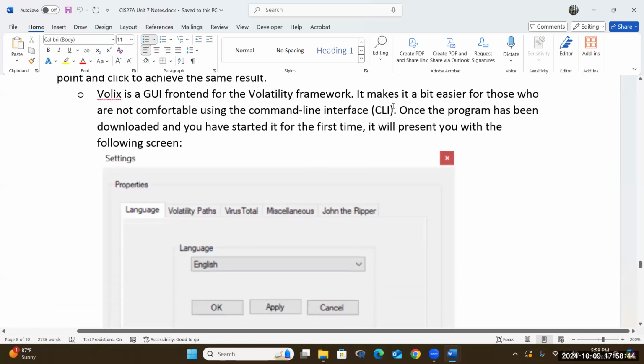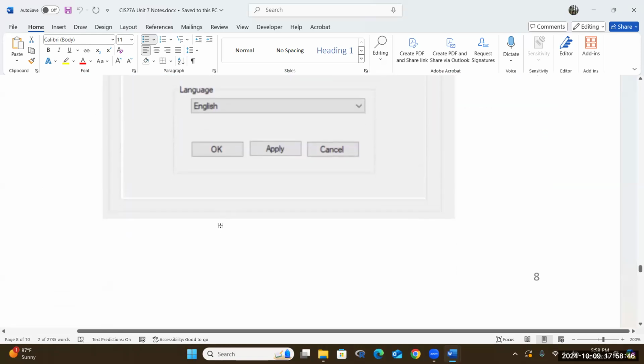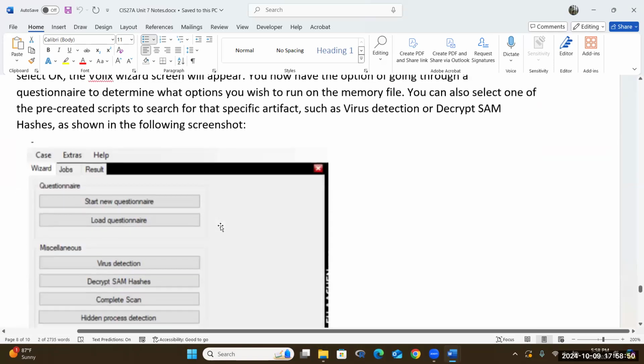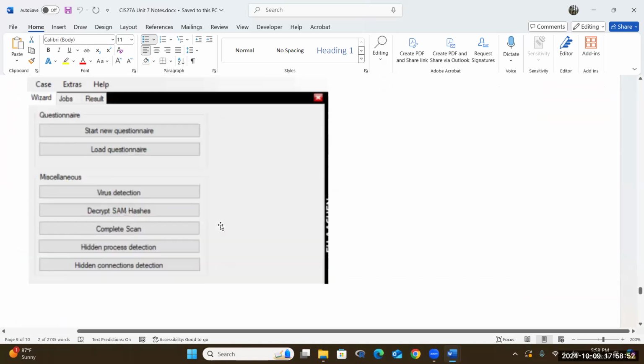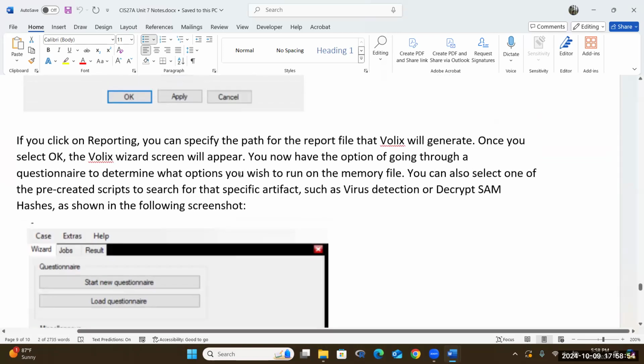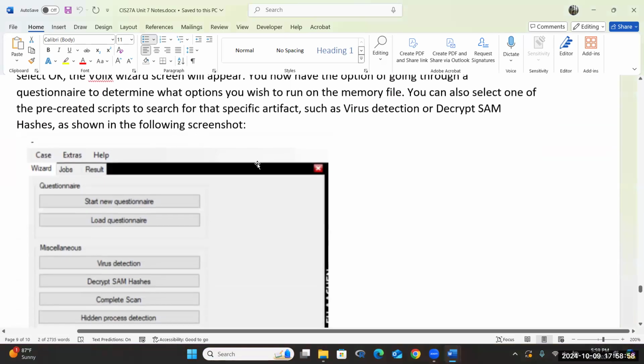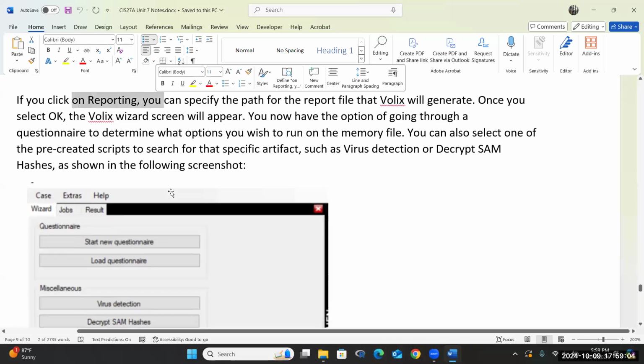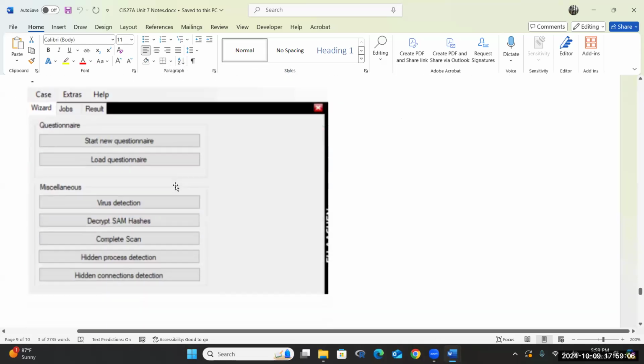It does have a CLI only version too, the command line interface. I think a lot of people prefer to use a graphical user interface because you can click, and it might have report generation options, right? So that's good.